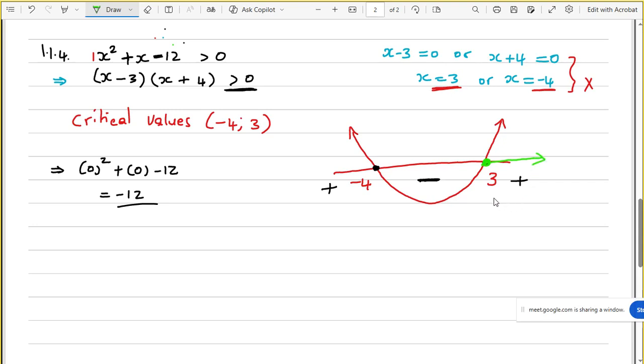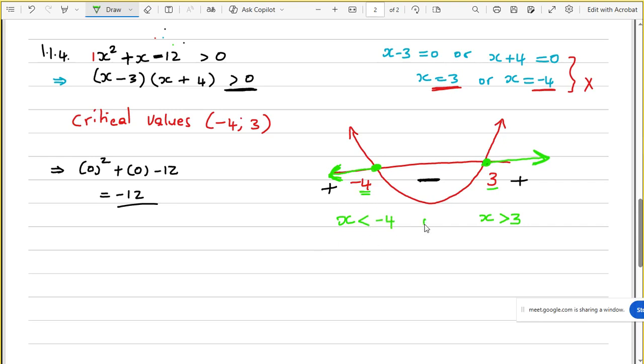So I'm going to write this like this. I'm going to say x, that arrow, it says greater than that number. Then it's also positive from this point going in that direction. It means that x, that arrow, you write it down there and that number. Simple. Then you are done.